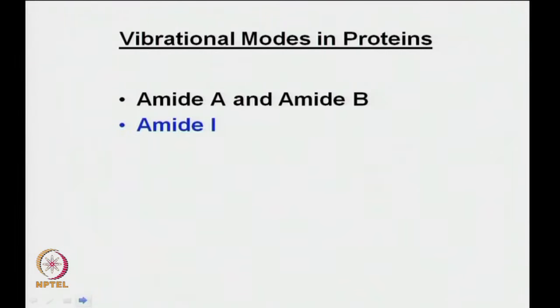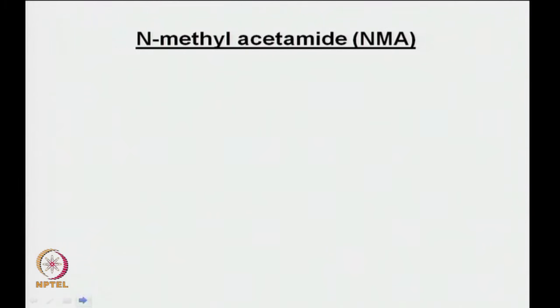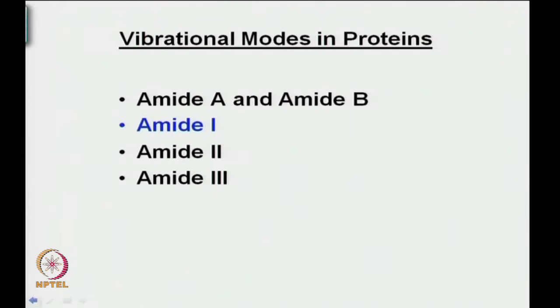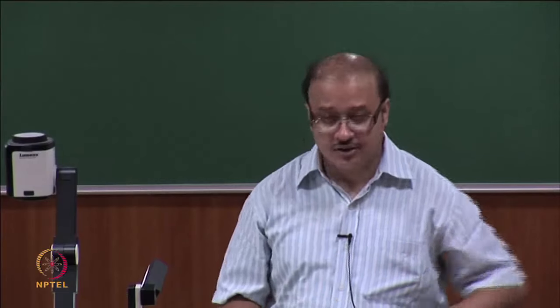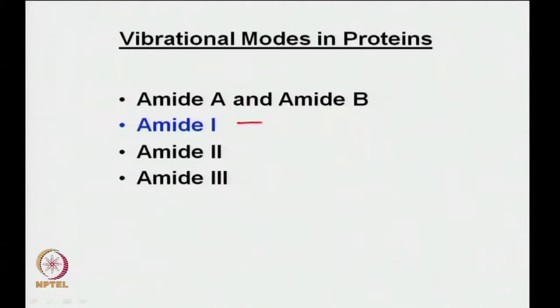The second one is amide 1, and this is in a different color, because this is the one we will be most interested in and will be most discussing about. The third one is amide 2, and then you also have amide 3. So, these are the different significant modes of vibration which are present in proteins, and as I told you, the amide 1 is the one we are going to spend some time on.